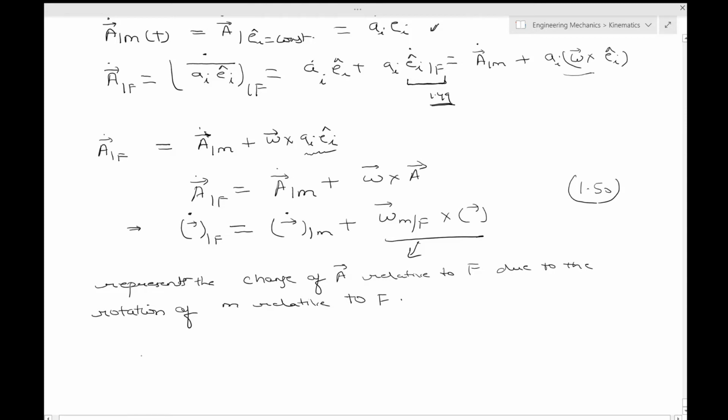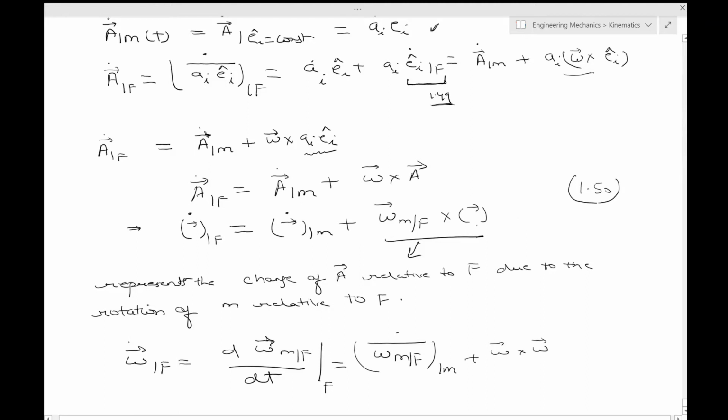Omega dot is equal to D of omega M by F by dt with respect to F, which is the derivative with respect to M plus omega cross omega.